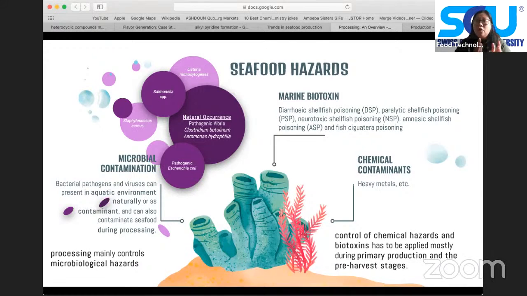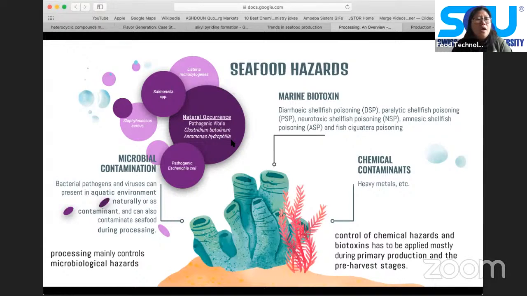This microbial contamination may also contaminate the seafood during processing. Here, I give some examples. The naturally occurring pathogens in the aquatic environment are pathogenic Vibrio, Clostridium botulinum, Aeromonas hydrophila.